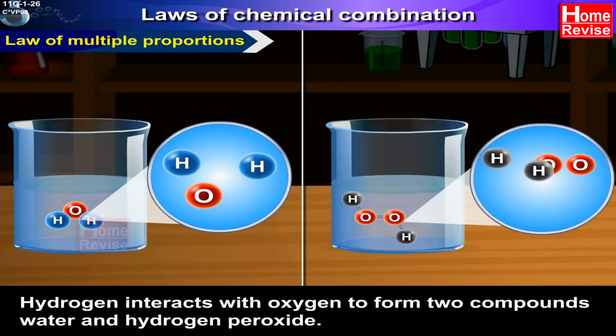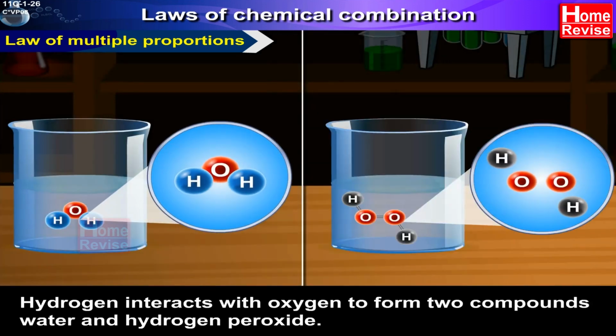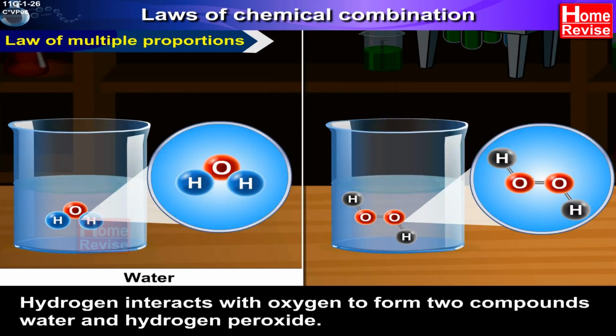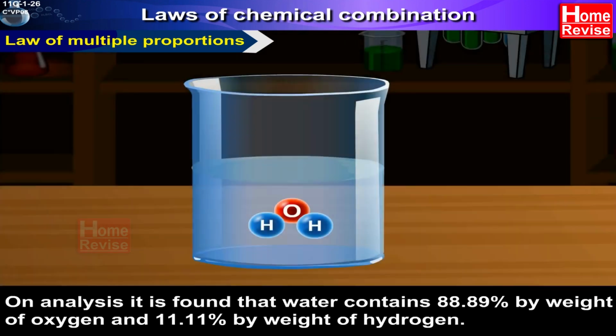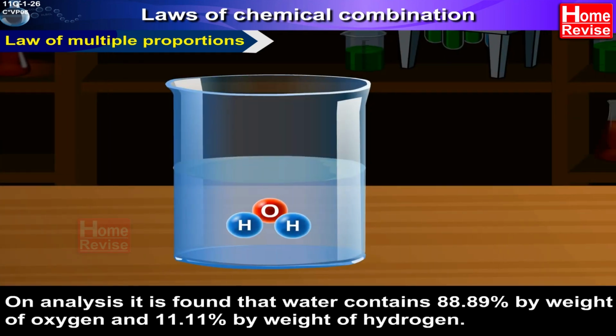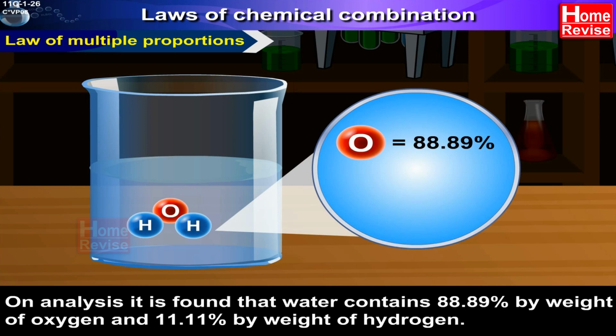Hydrogen interacts with oxygen to form two compounds, water and hydrogen peroxide. On analysis, it is found that water contains 88.89% by weight of oxygen and 11.11% by weight of hydrogen.